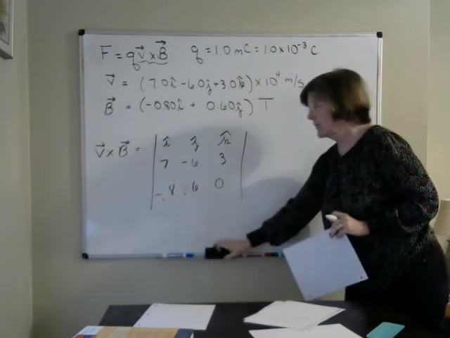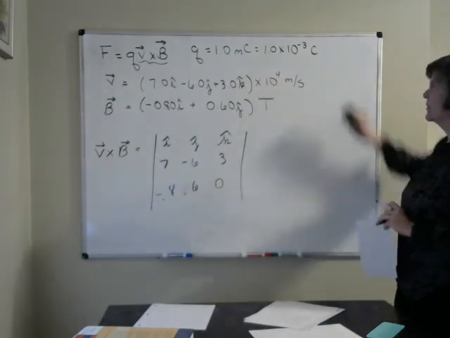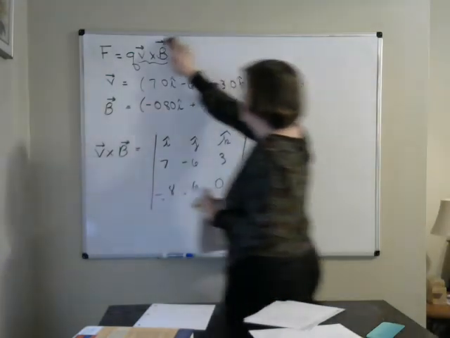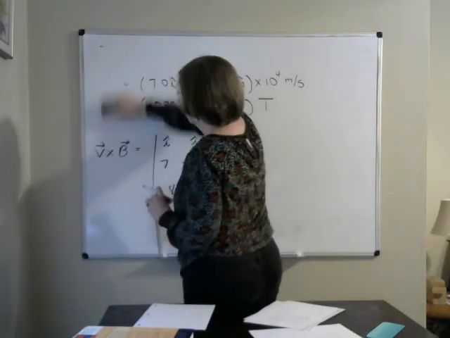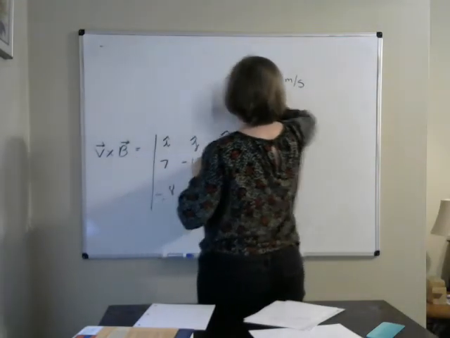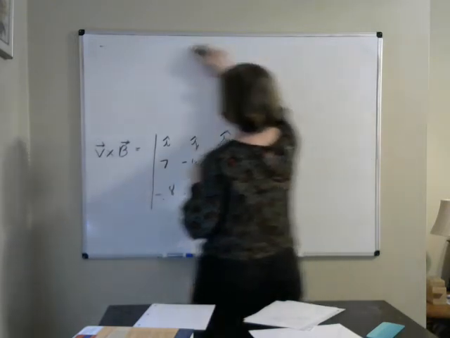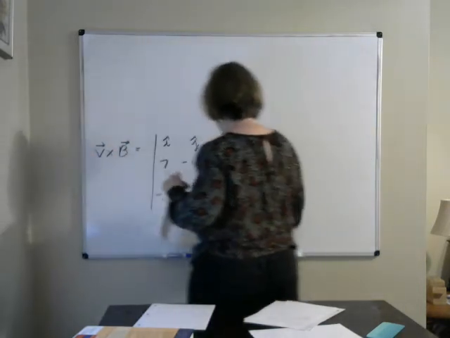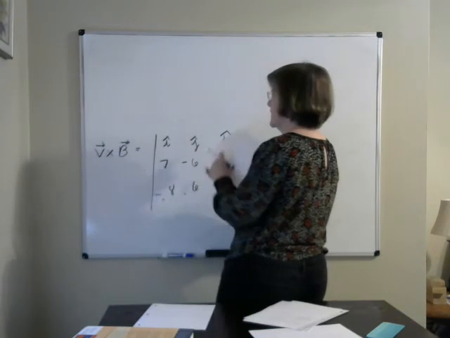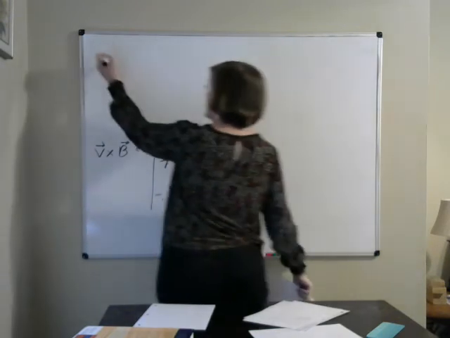All right, I'm going to erase all of this to give myself working room. I'm going to put this matrix up here in the corner because I'm going to refer to it a lot.